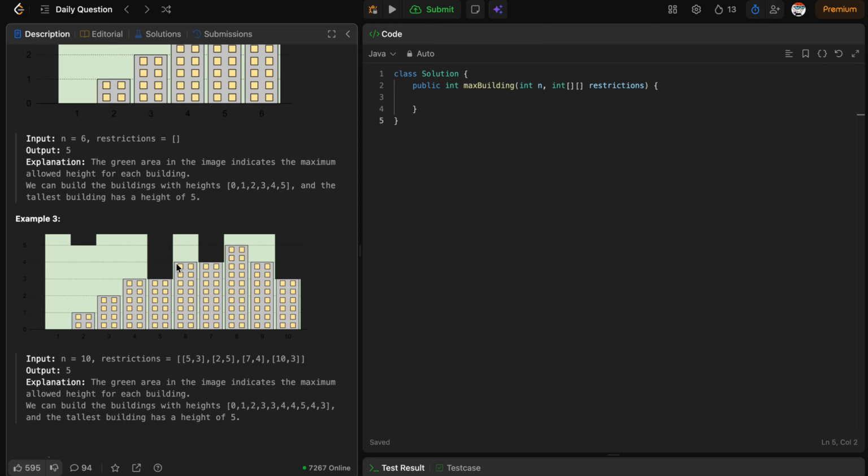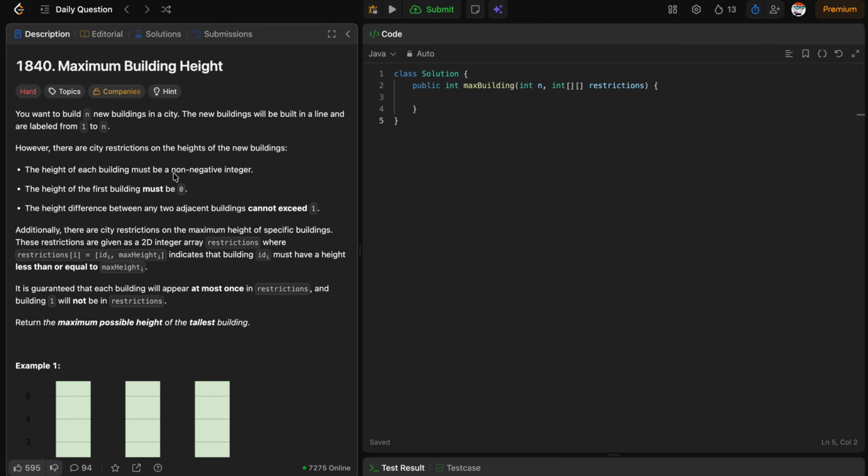Then again we see the restriction is much higher, then we increase the height, then we stop because the restriction is there, then we increase. But here the restriction is not there, so we can increase the height, but in the future we know that this is going to be restricted, so we can't directly go ahead and increase and then decrement by 2, because it's a violation of the rule that the difference cannot exceed 1. This is the third rule.